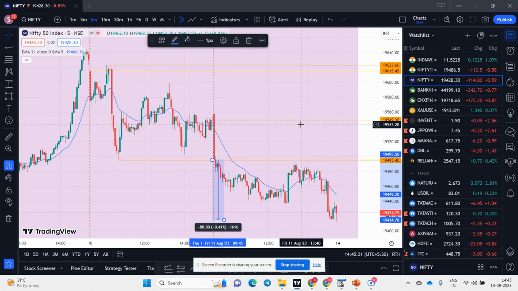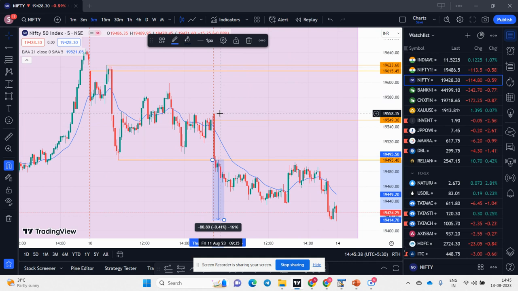Coming to the stop loss, if you see, this candle is very big. If you keep the stop loss above this candle, then we would get a poor risk reward ratio.